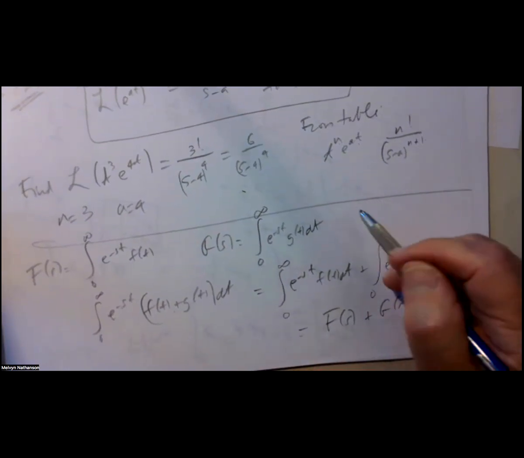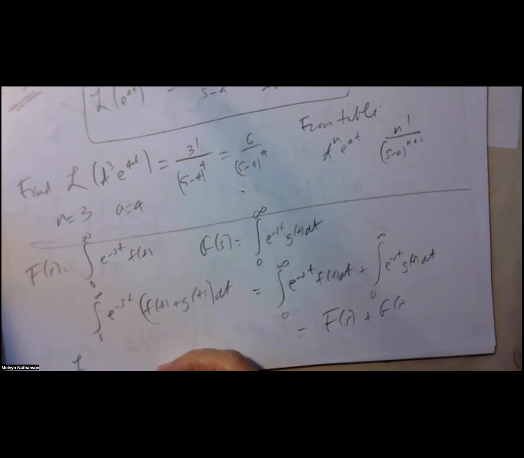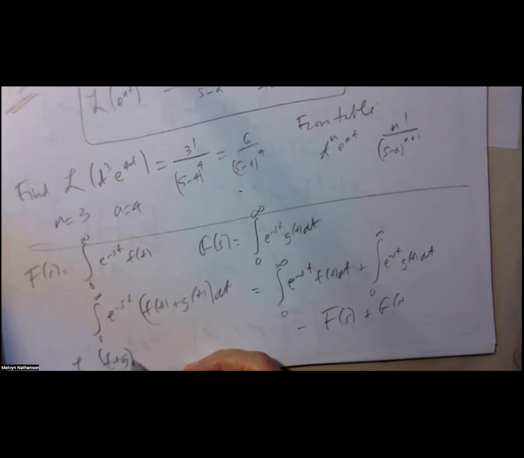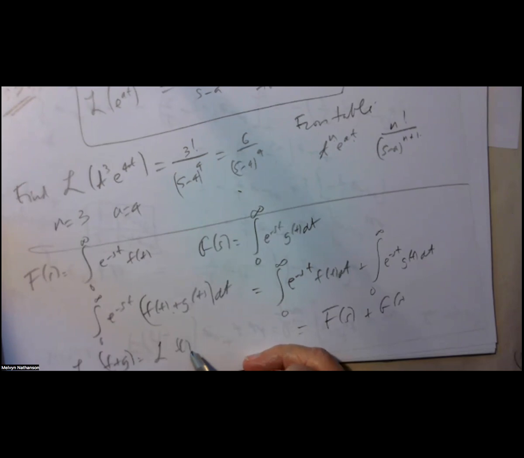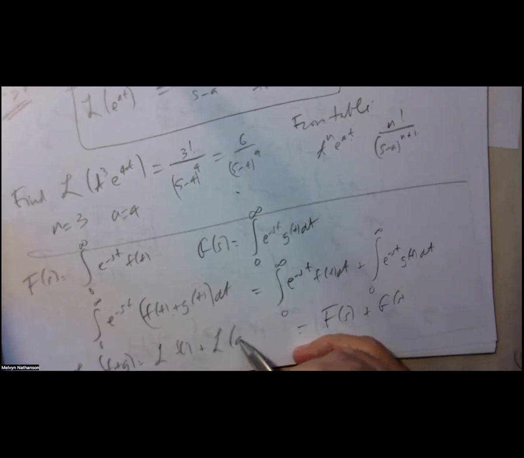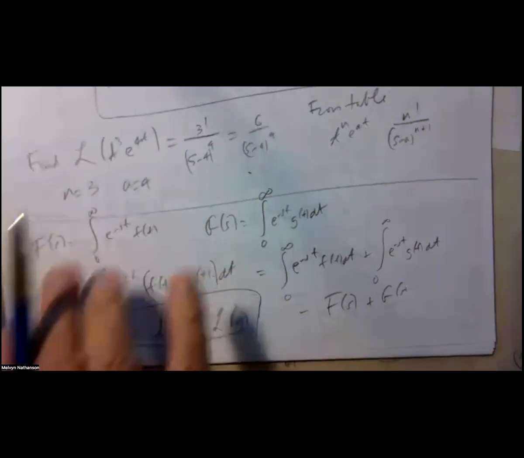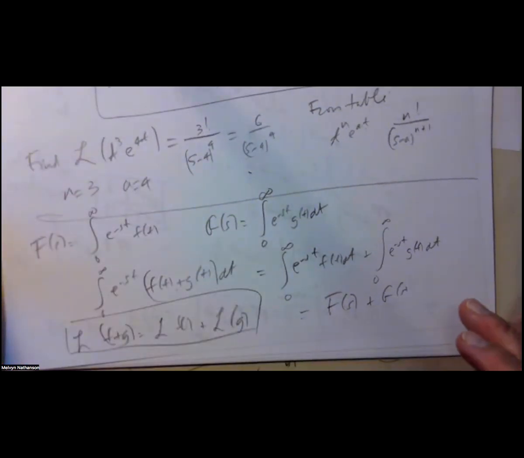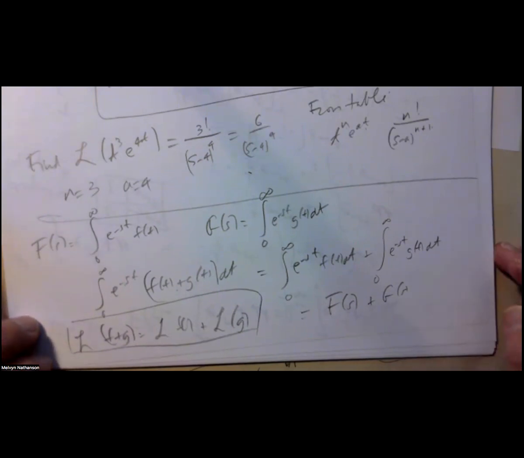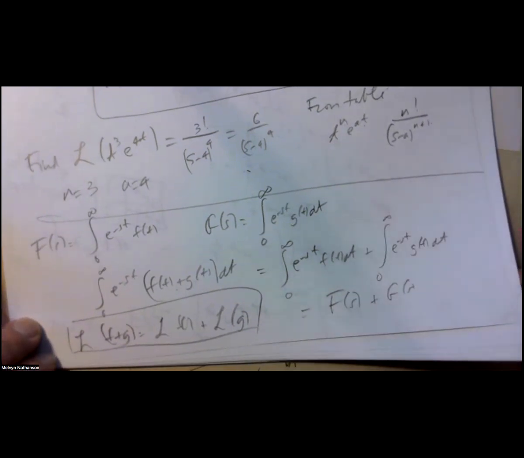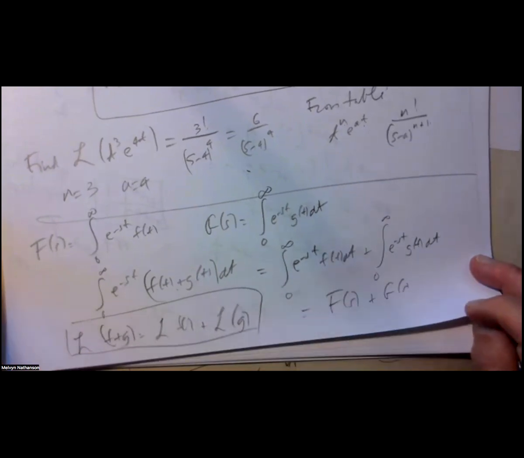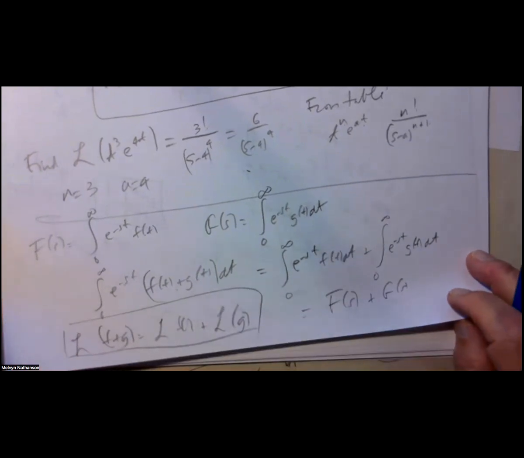So we see in this case that the Laplace transform of f plus g is the Laplace transform of f plus the Laplace transform of g. And this extends very easily to the sum of any number of functions whose Laplace transforms exist.